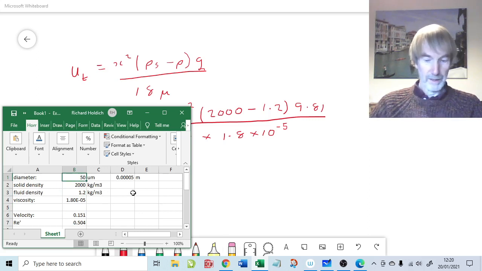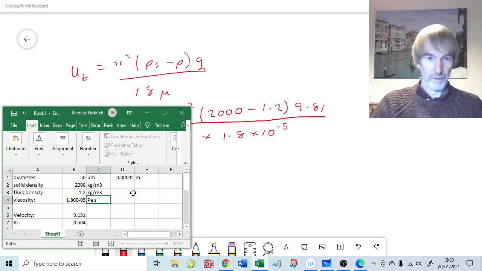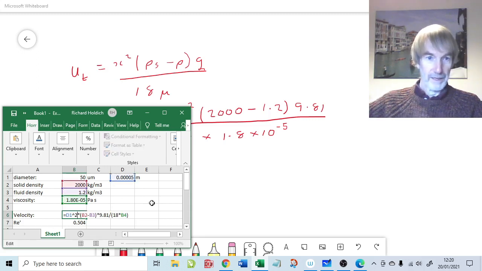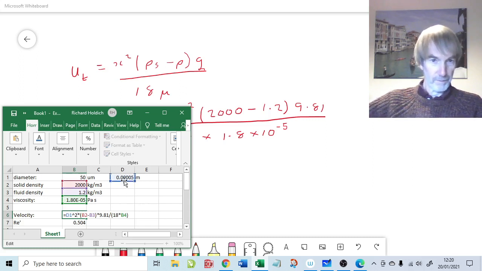There's the diameter converted to SI units, the density of 2000 for the solids, the fluid density of 1.2, and the viscosity of the fluid in pascal seconds. Checking that I've calculated it correctly: it's the diameter squared times the density difference times 9.81, all divided by 18 times the viscosity.